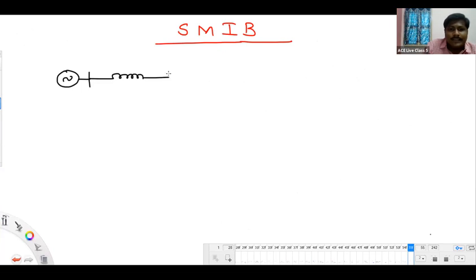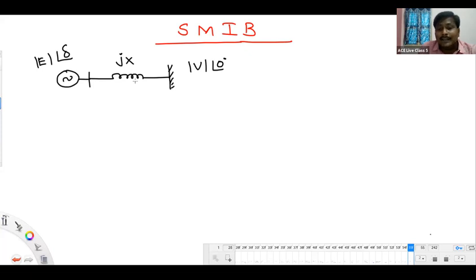All reactance is taken as a single element, and this is the infinite bus. This is mod E at an angle delta, this is mod V at an angle 0, and this is jX. I'm telling you again, don't ask me again where the generator reactance is: generator reactance was taken into this X. That's it.